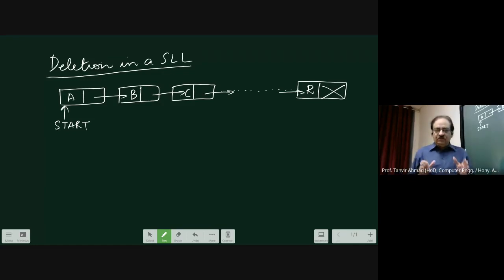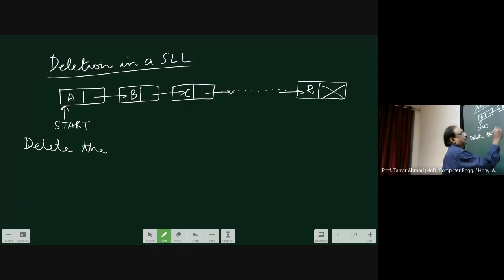You just move the start from the first place to the second place. In that case, if I am just deleting the first node, it's a one-line code. You are just going to move the start from the first to the second.